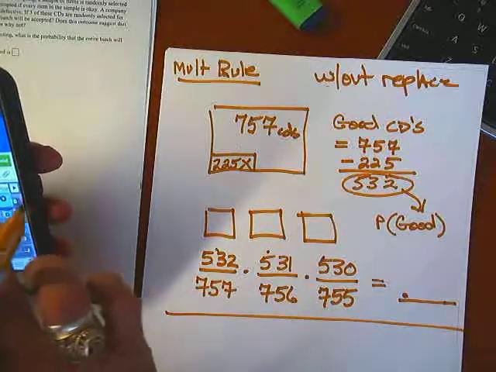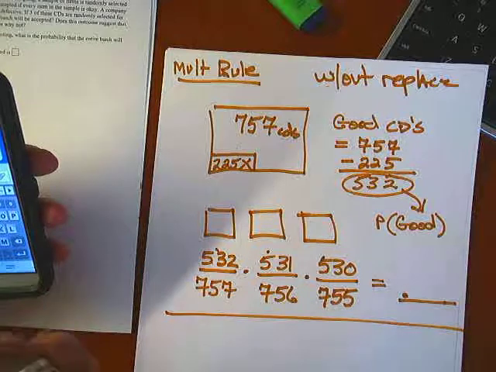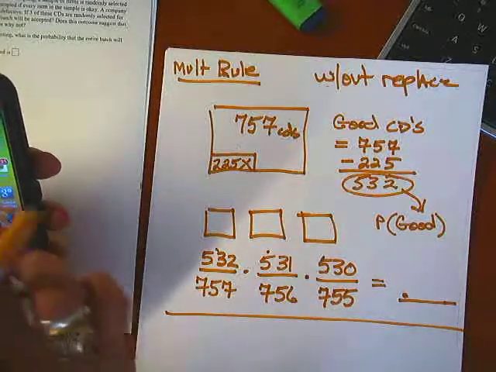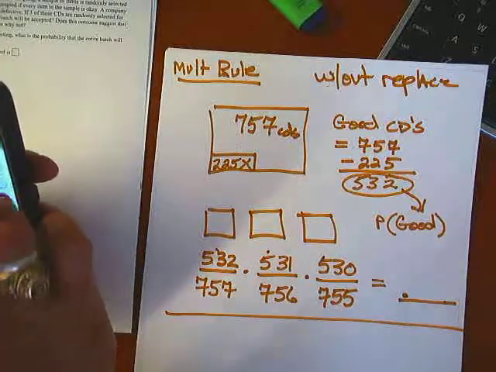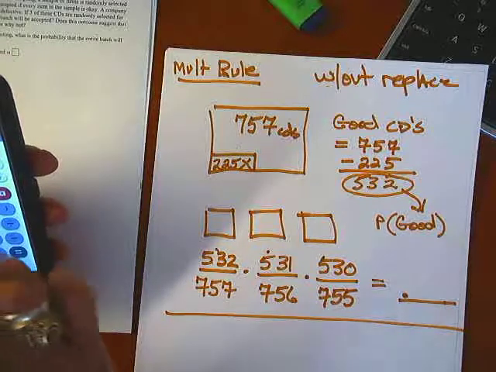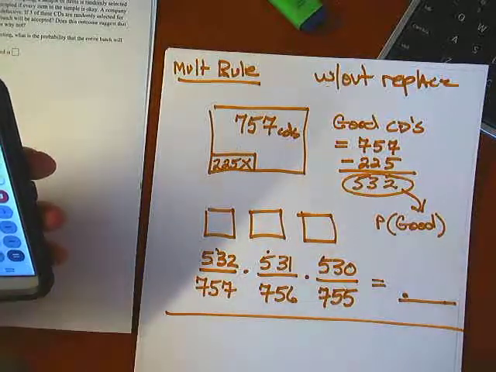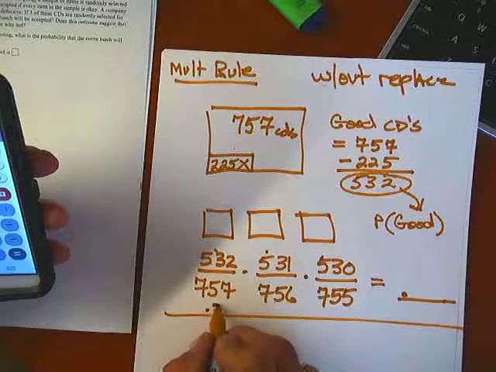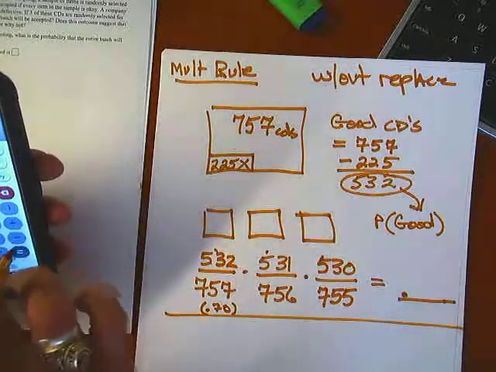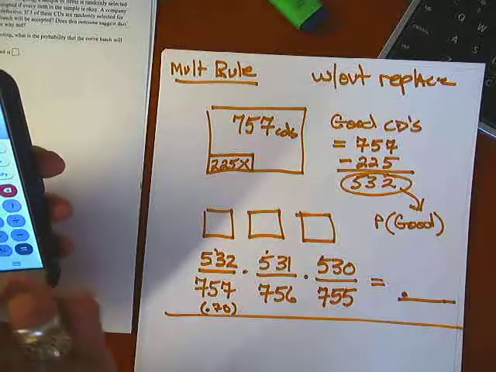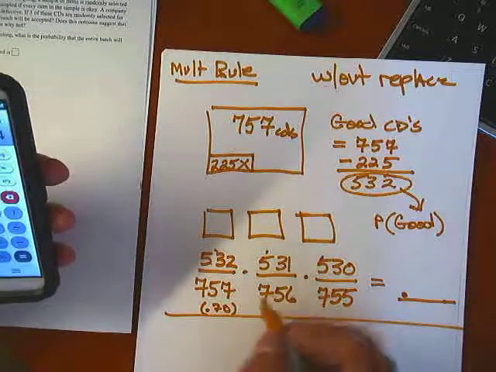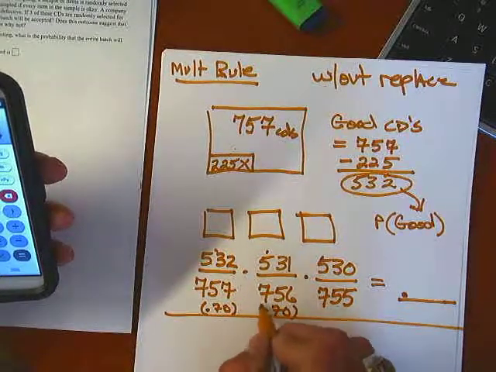Now, since we've got 3 digits, we'll go ahead and do that math right quick for you. Let's see, I got to get my calculator. And that's going to be 532 over 757.